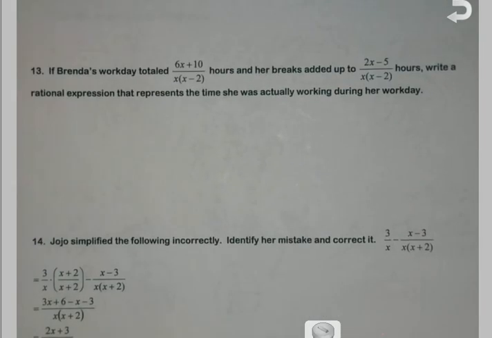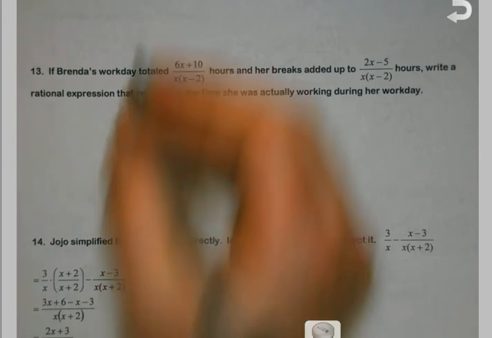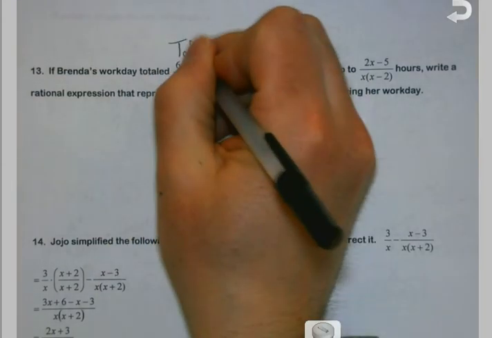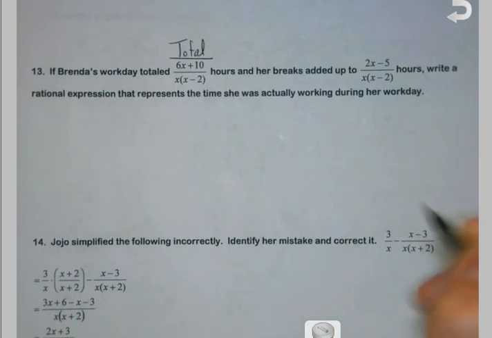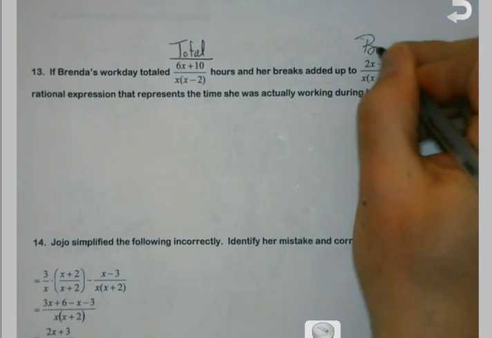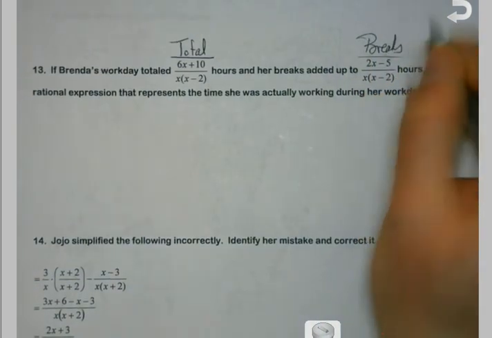Brenda's workday totaled 6x plus 10 over x times x minus 2 hours. And her breaks added up to 2x minus 5 over x times x minus 2 hours. Write an expression that represents the time she was actually working. Okay. Here's the total amount of time she was at work. Here's her breaks.